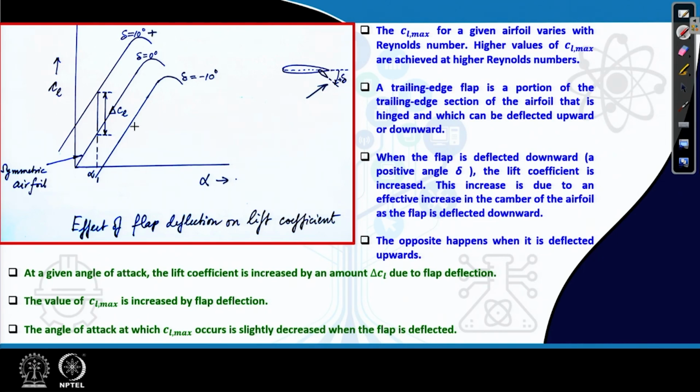The positive deflection, which means deflection downwards, moved the CL alpha curve upwards, thereby increasing CL max, and the upward deflection of the surface led to parallel movement of the CL alpha curve downwards. Then we discussed the implications, and we also talked about how it would involve a difference in the stall velocity of the aircraft.